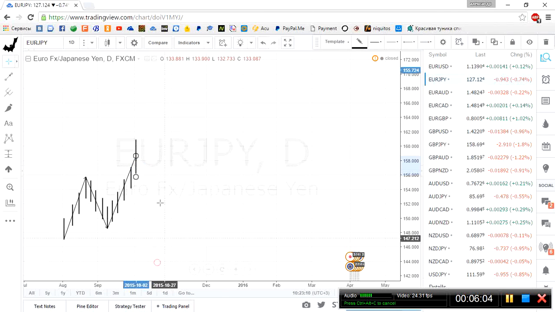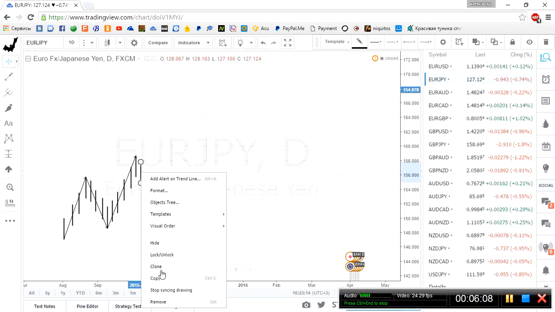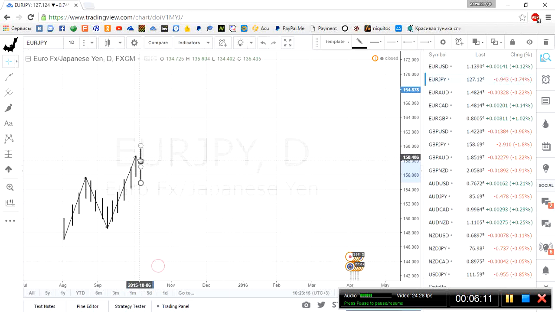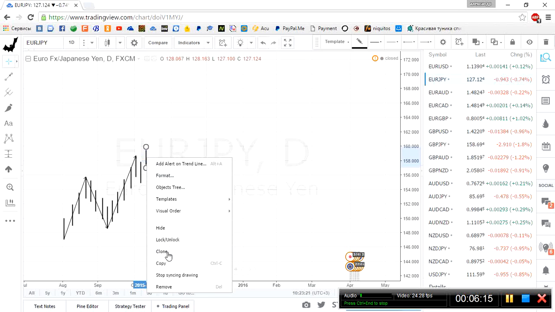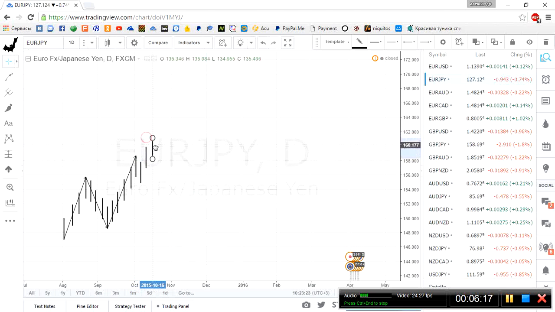For example, like that, you have that first low, yes, but you didn't have the second low. Clone that. So you have this. Clone that. You have that. So that means that the swing continues. One candle is just noise, not a correction. So one candle is noise.